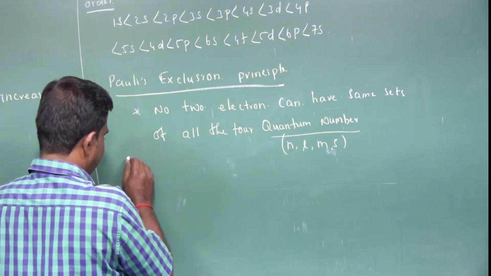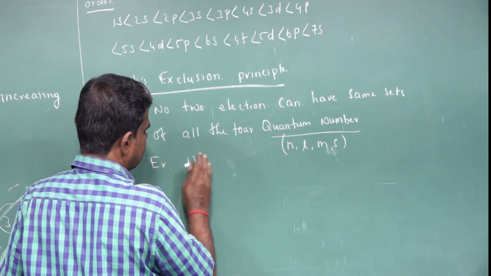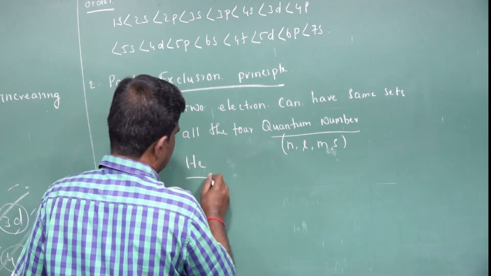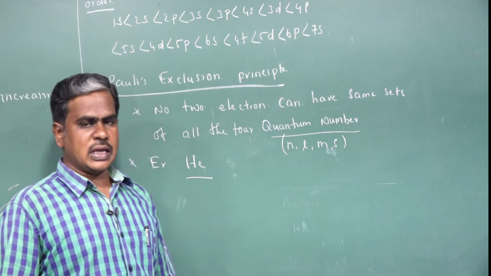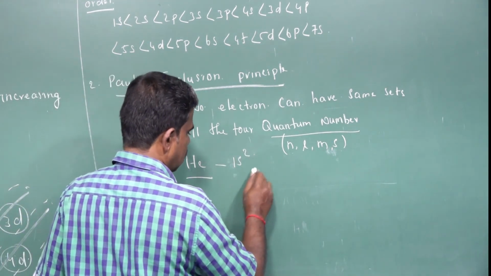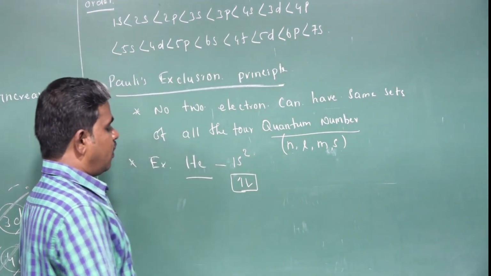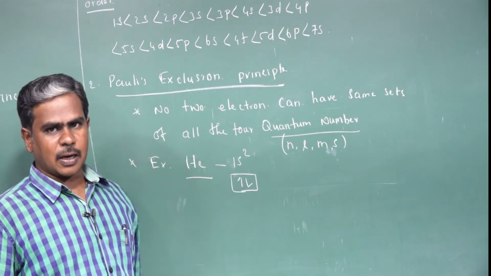For example, we are taking helium. In the case of helium, there are two electrons, so its electronic configuration is 1s2.